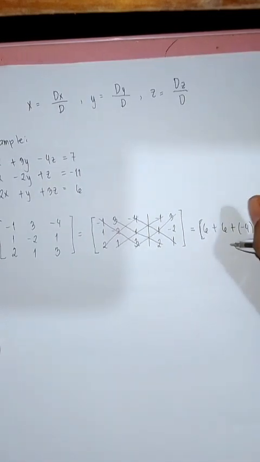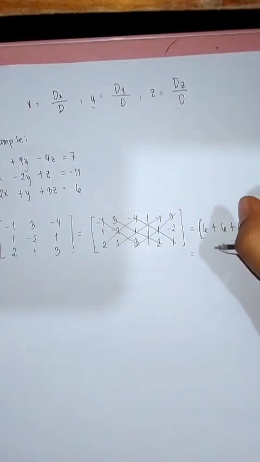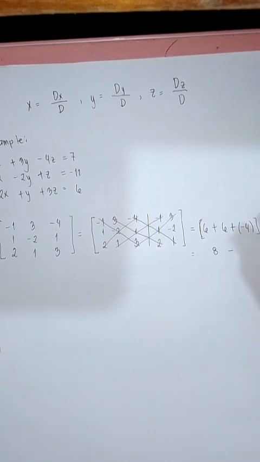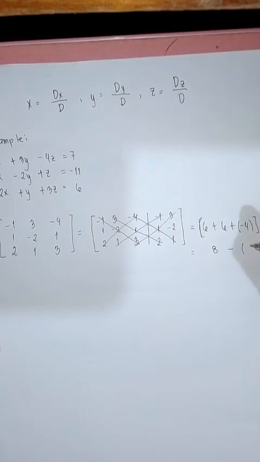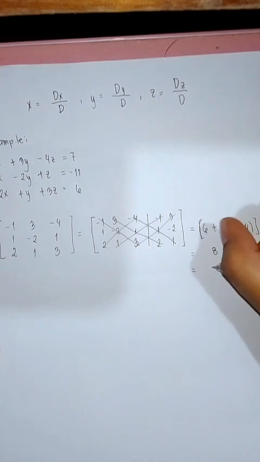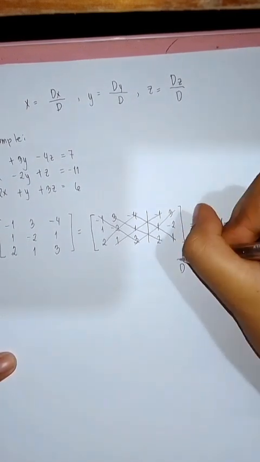So this is 6 plus 6 plus negative 4 is 8, minus 16 minus 1 plus 9 is 24. So our determinant is negative 16. Our D is negative 16.